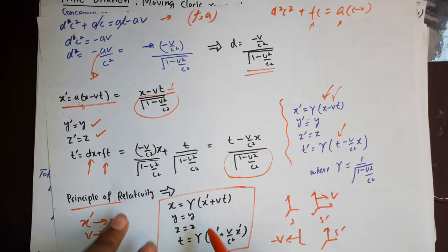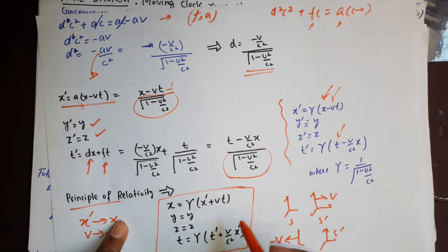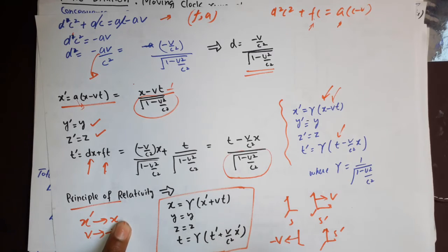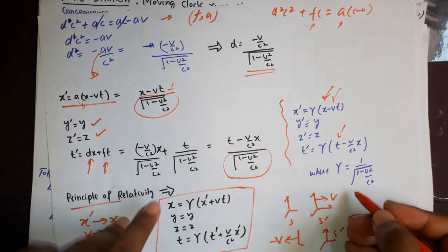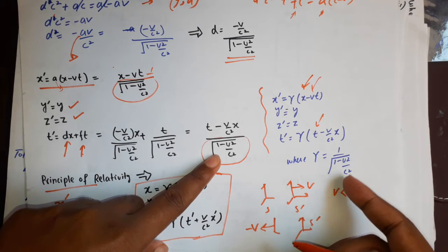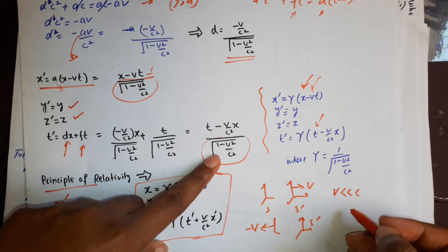And one thing more, look here. I said that the transformation equations should be such that they reduce to the Galilean transformation equations when the velocity is small. So if v is very much less than c, I can expand this expression by the binomial theorem.